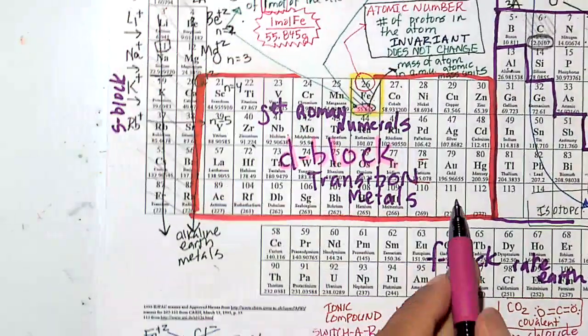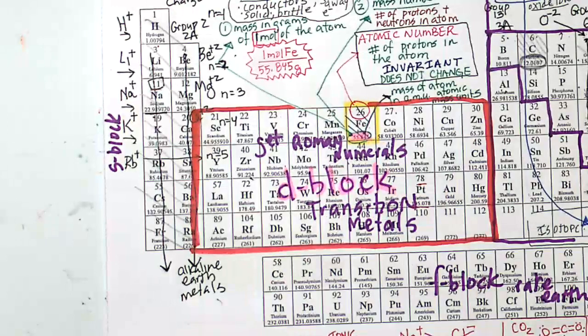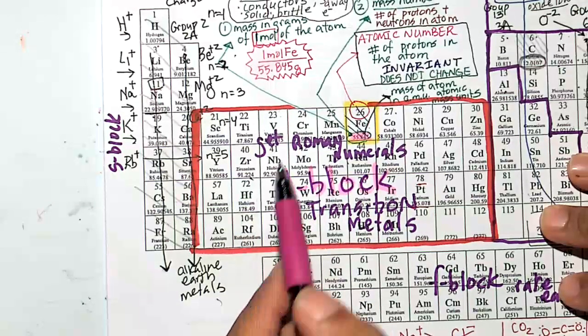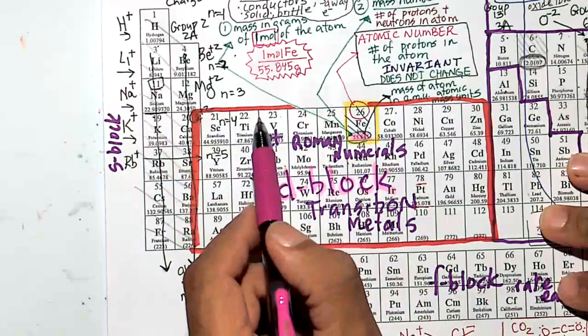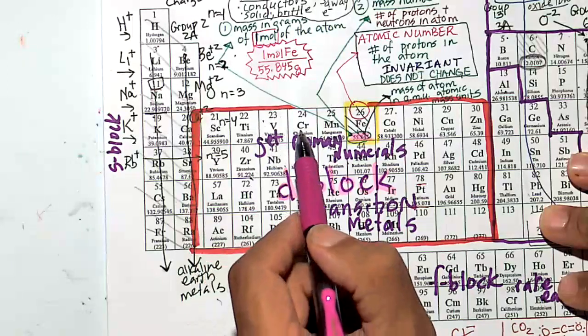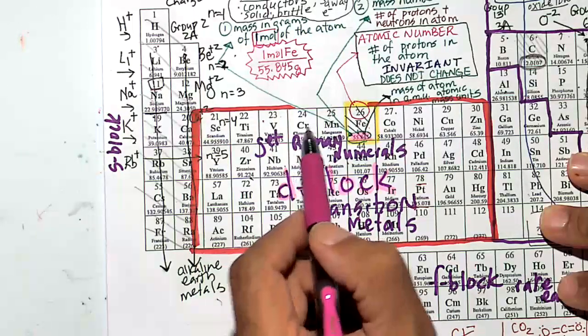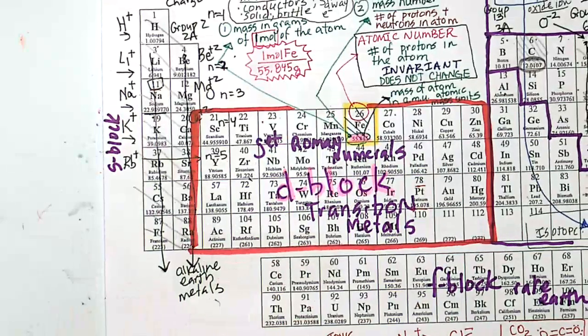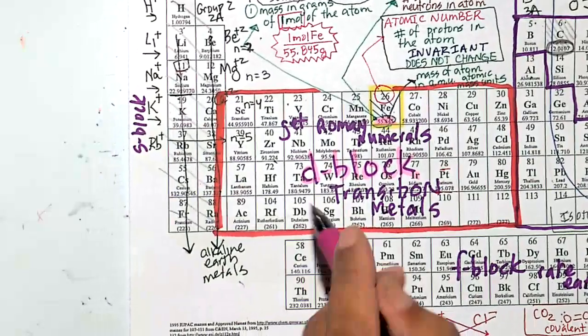I have my periodic table, so any element you see inside this red square gets Roman numerals: Fe+2, Fe+3, vanadium +5, vanadium +3, chromium +2, chromium +3. They can take all sorts of different charges.